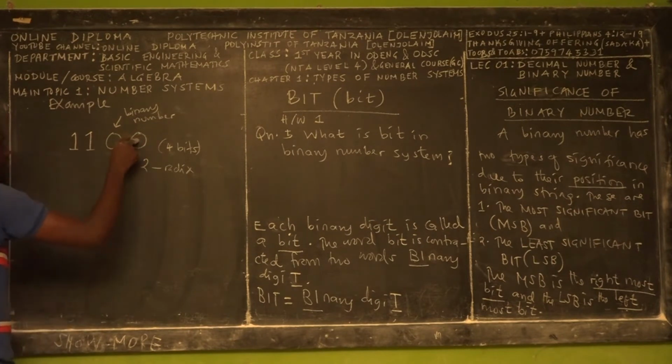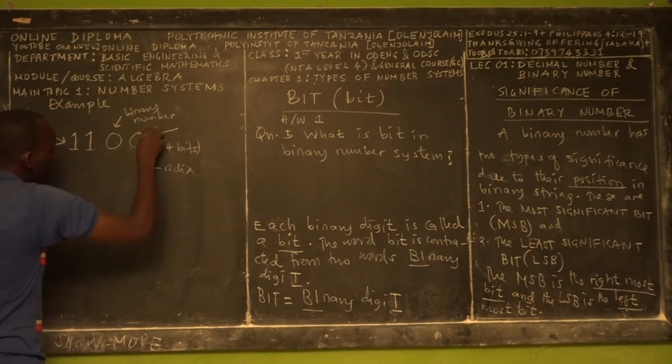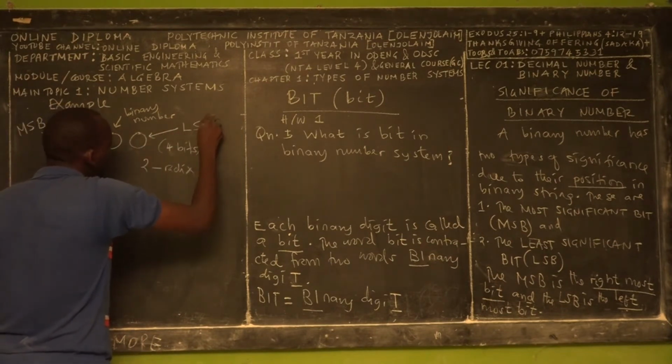Then this is the rightmost bit, this is the leftmost bit. So this bit, the first bit from the right-hand side, bit 0, we call it the least significant bit.